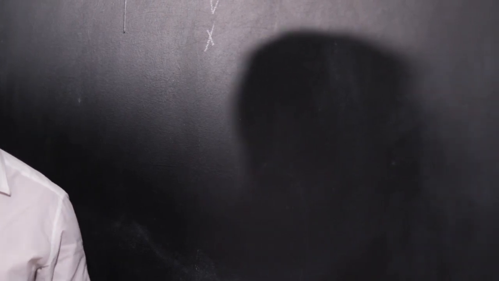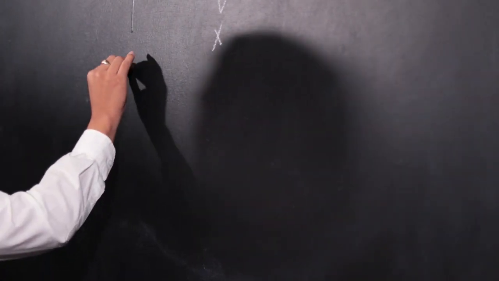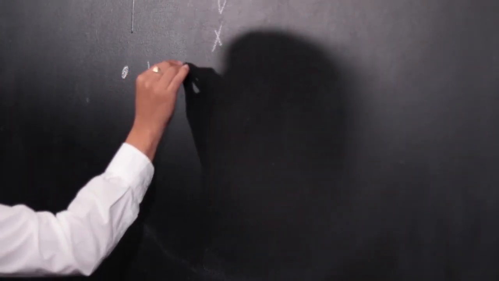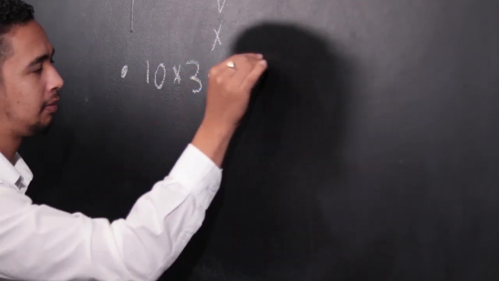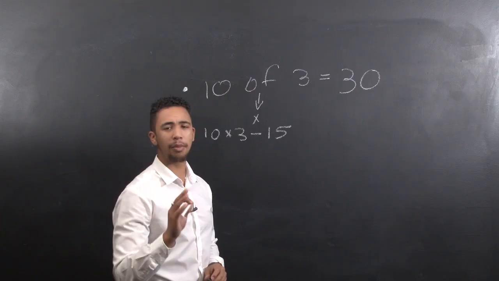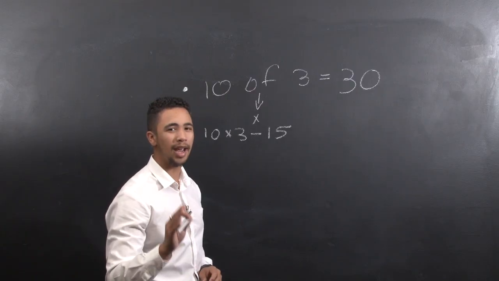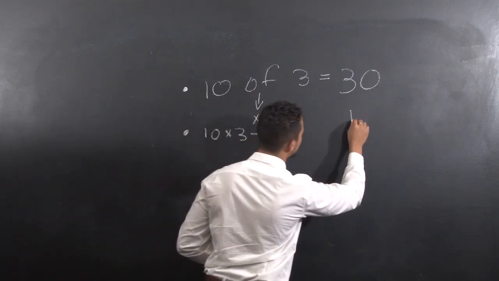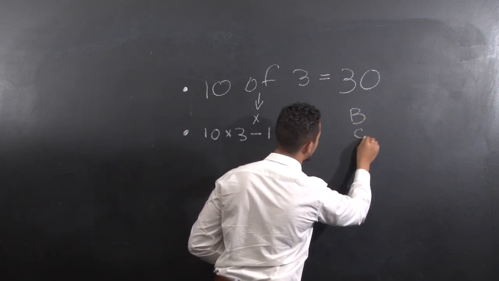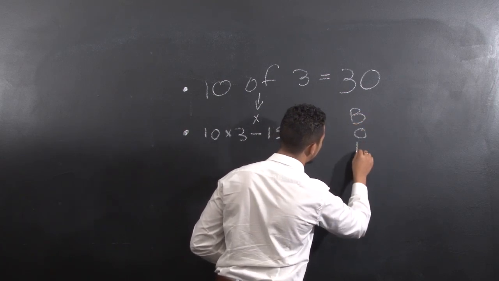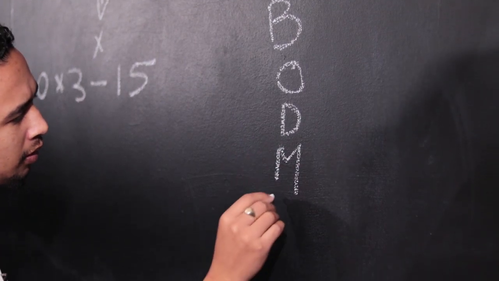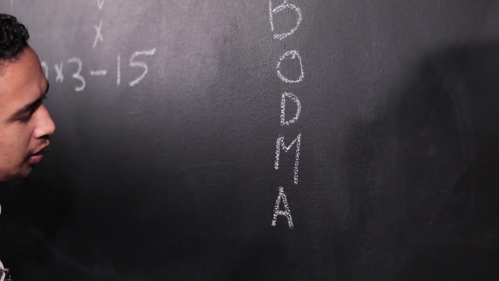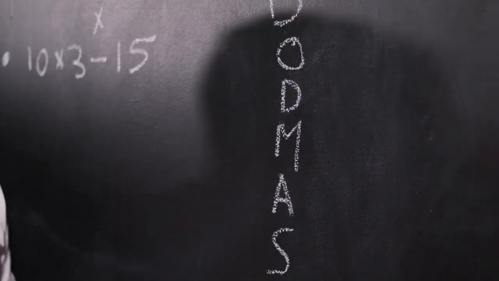So our next example says 10 times 3 minus 15. As a reminder, let's look at the BODMAS acronym. Brackets, of, division, multiplication, addition, subtraction.